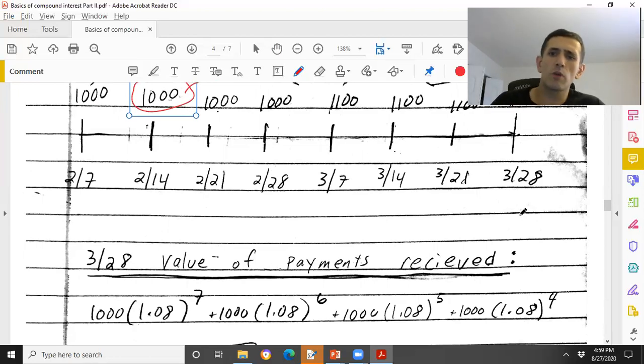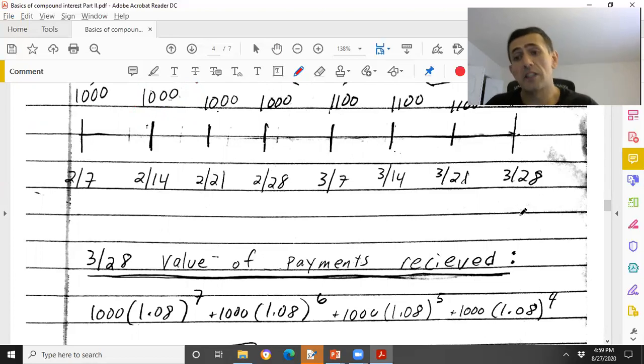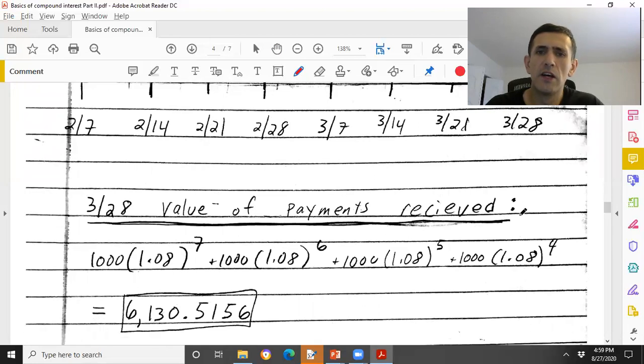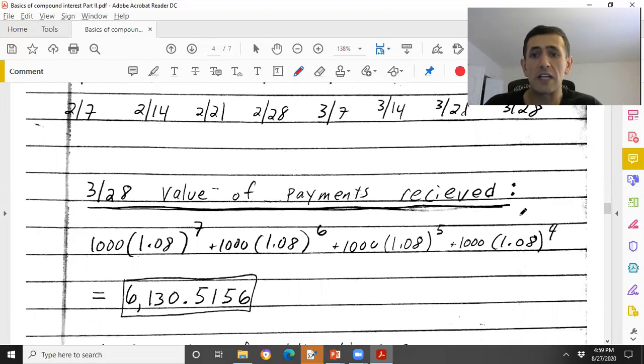So it's 1,000 times 1.08 to the 6th. And you do that for each of these 1,000 payments that Walt got. And if you do that, then the time value of these payments that he received on March 28th is $6,130 and roughly 52 cents.